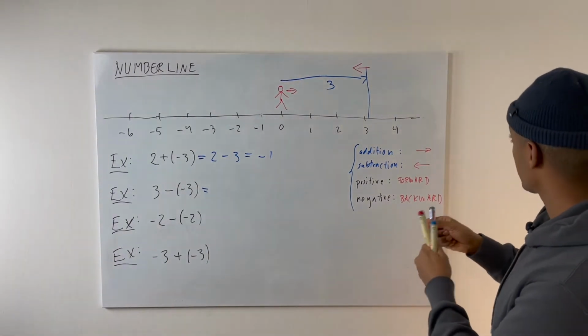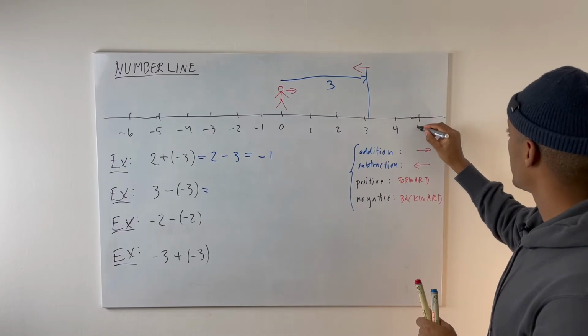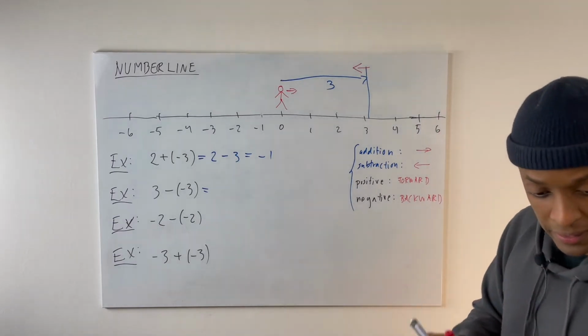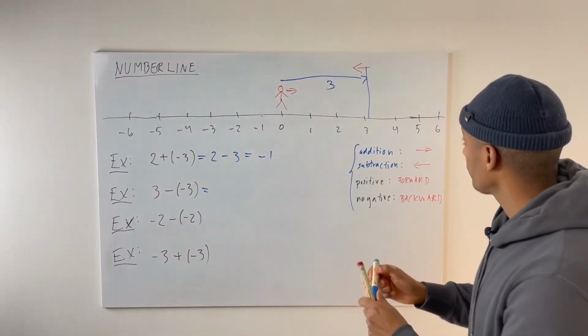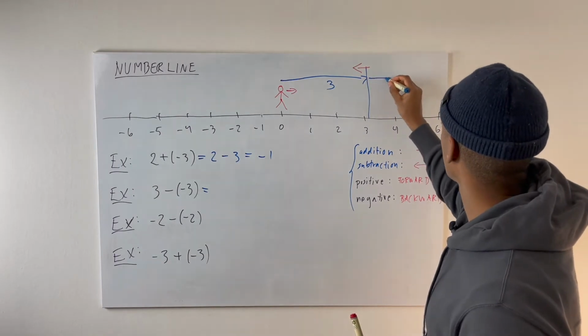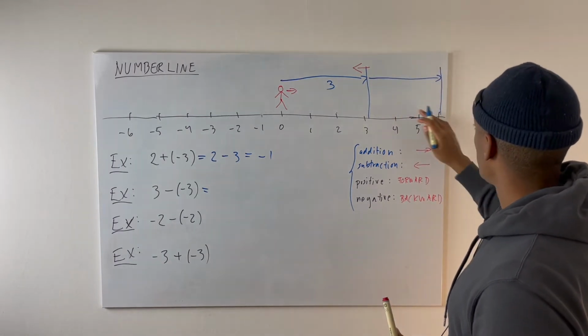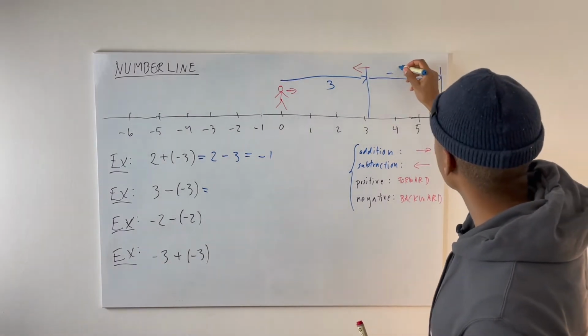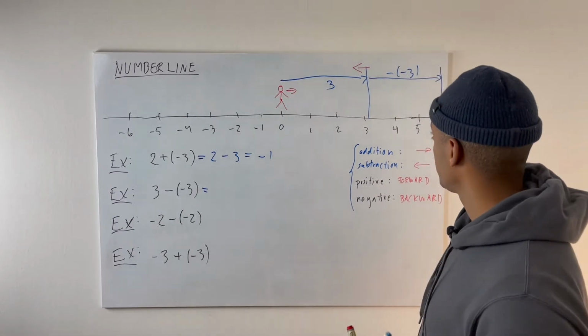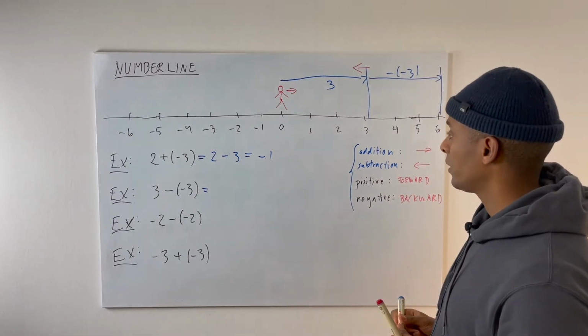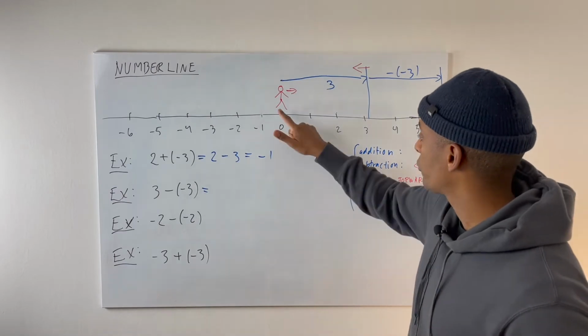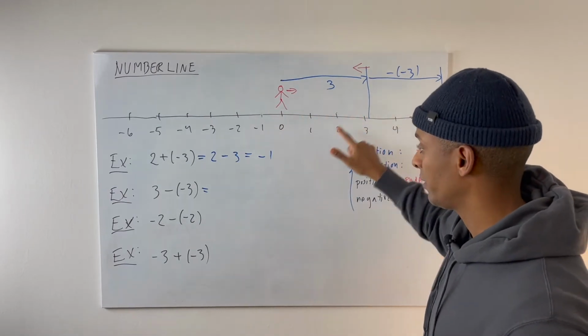Let me just fix this quickly. We have a 5 here and 6 here. So it's gonna be, so this part is -3. Okay? Why? Because first we walked 3 steps, we came here, right?